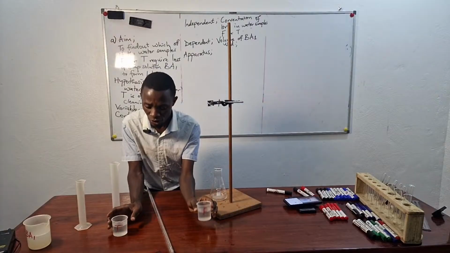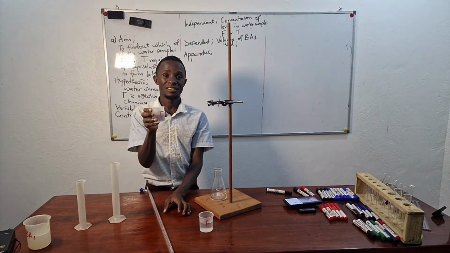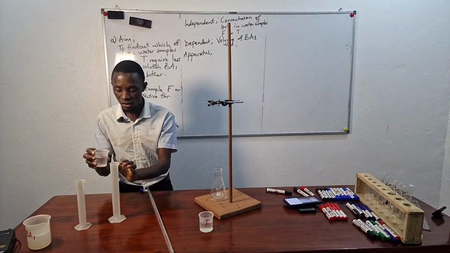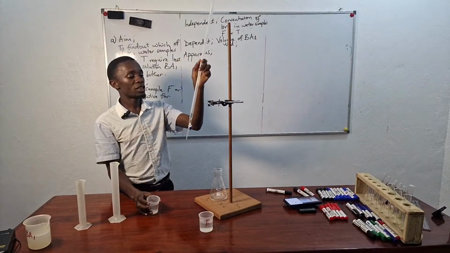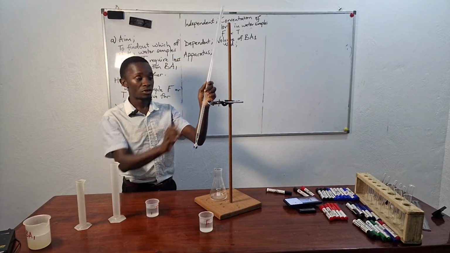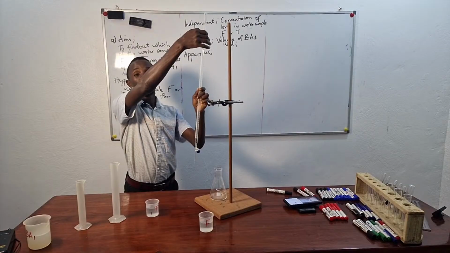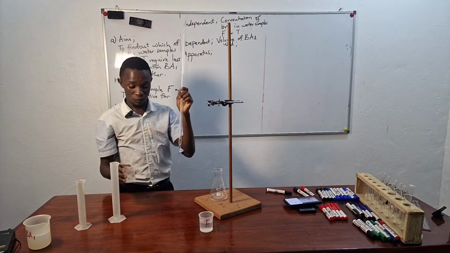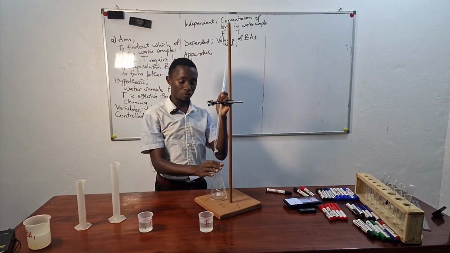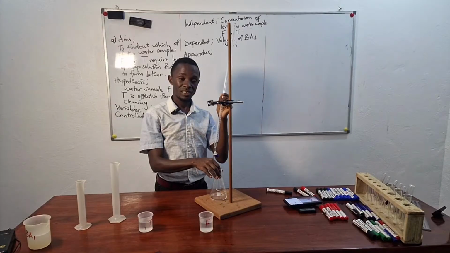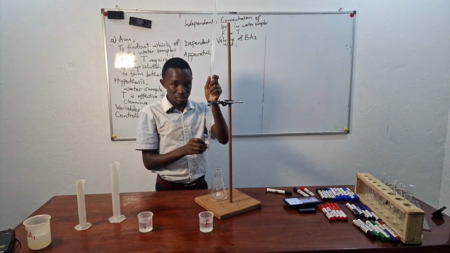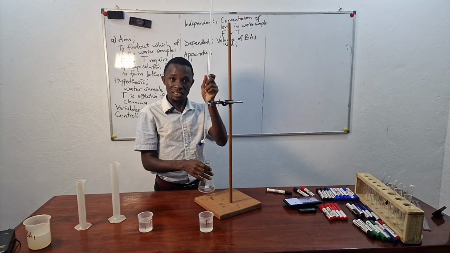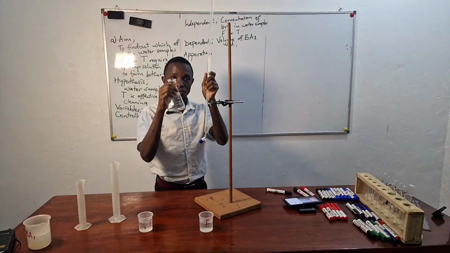I will repeat the same procedures for T. The procedures I'm talking of is I have the soap solution in a burette on a retort stand at 0.0 cubic centimeter mark. I'll use a pipette to transfer 20 cubic centimeters or 25 to a conical flask. Then run a soap solution from a burette a little at a time while shaking until a permanent lather forms.